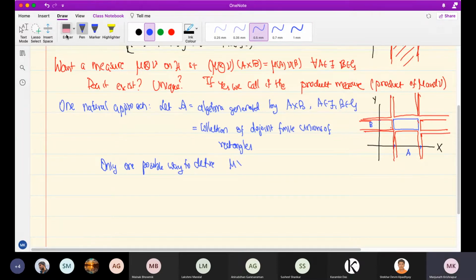So define, let's not call it mu, let's give it some other name which I don't use.